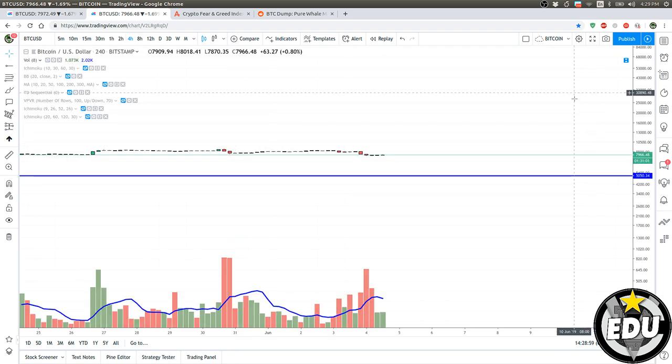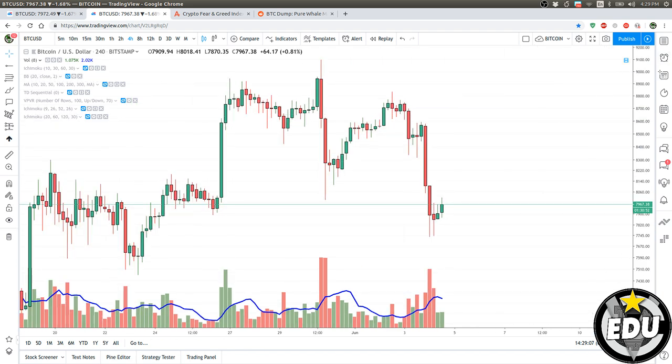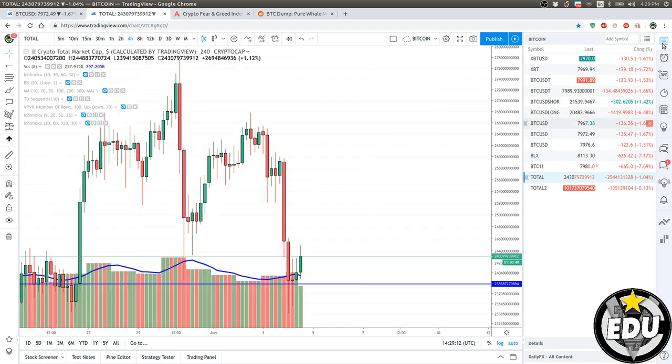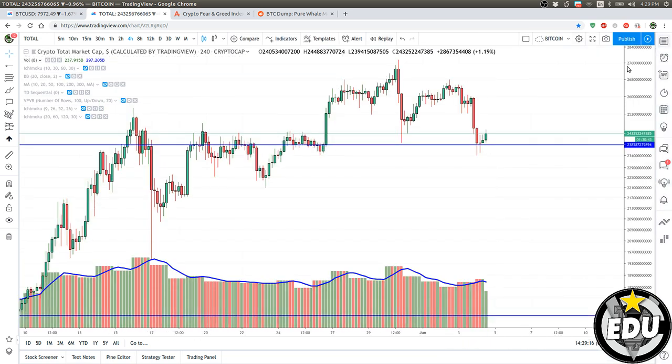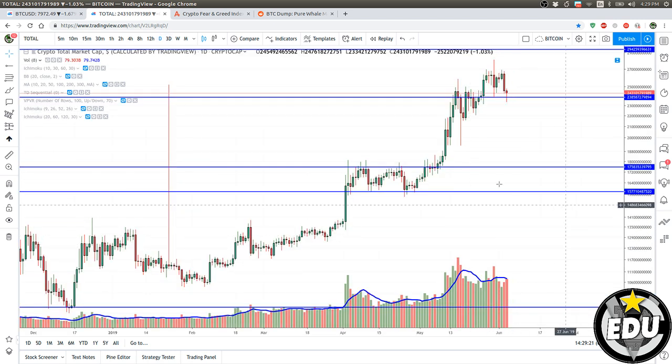What else? What else do I got? I want to talk about everything so you guys know. However, the total market cap is important to look at, I think. This is the Bitcoin chart. See the daily.